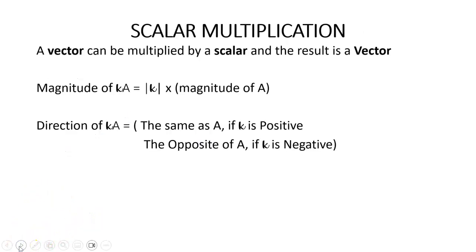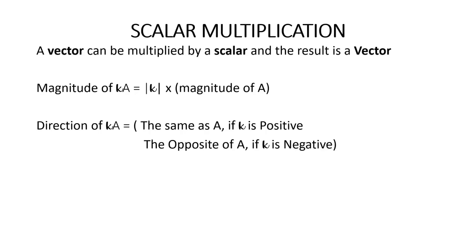I'm looking at other examples in terms of multiplication by a scalar quantity. Scalar multiplication: a vector can be multiplied by a scalar, and the result is a vector. So when we multiply the vector with a scalar, we always get a vector back.